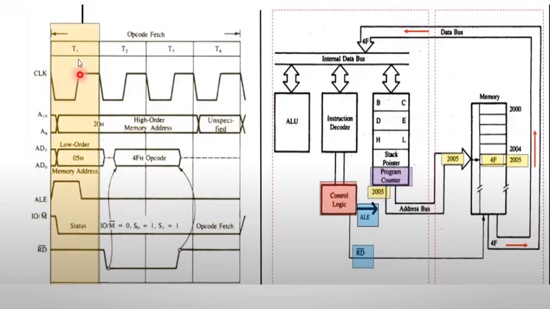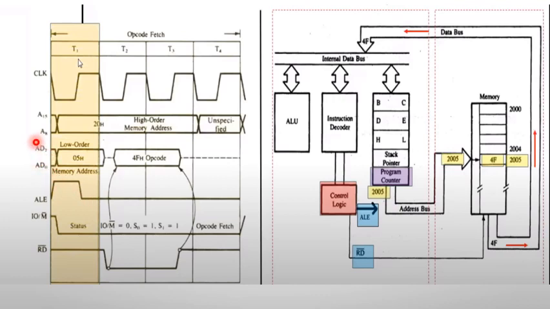What happens? The ALE signal goes high, right? Once the ALE signal goes high, what will it do? We know that once the ALE signal goes high, it demultiplexes this lower order address. That is, the multiplexed address bus data line is demultiplexed and it acts only as an address line. So as the ALE signal goes high, it latches the address.